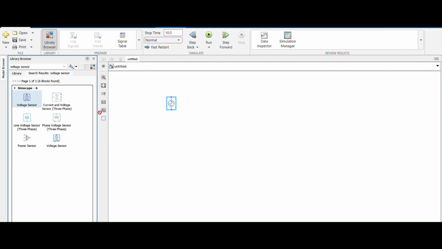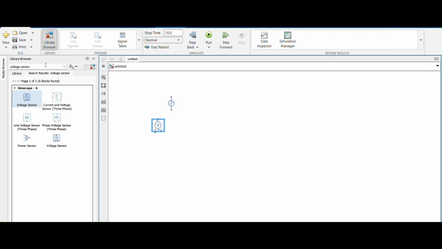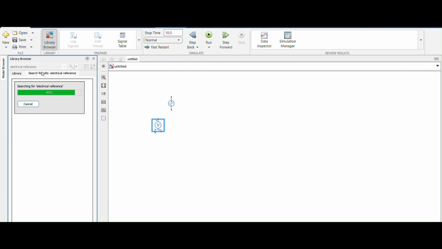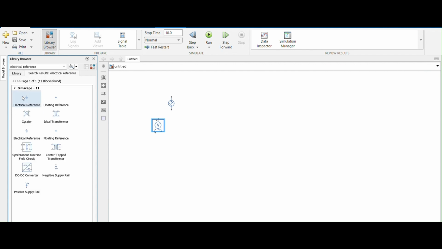We are going to take the blue one. The next equipment is the electrical reference. The electrical reference is used for ground.